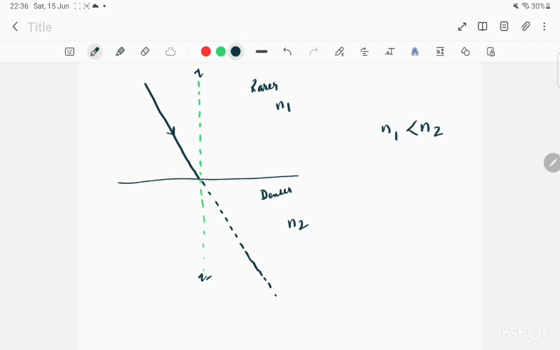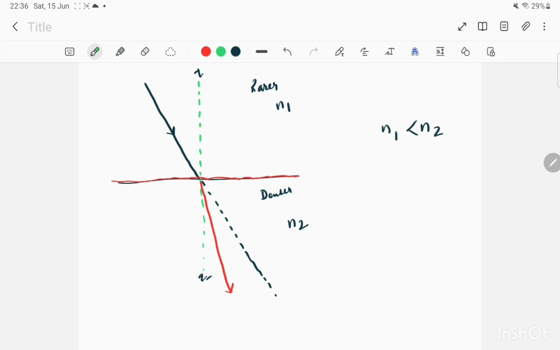Now since there is a change in the medium, this particular layer is the interface between two mediums. All right, since there is a change in the medium, what will happen? The ray of light will move towards the normal drawn at the point of incidence. So instead of going directly, the ray will be going like this.